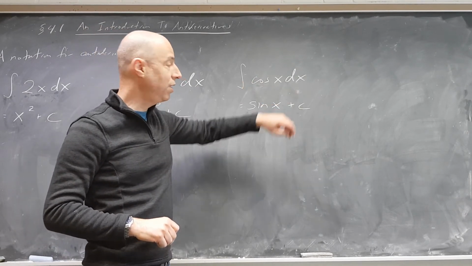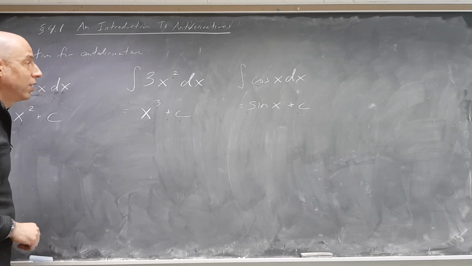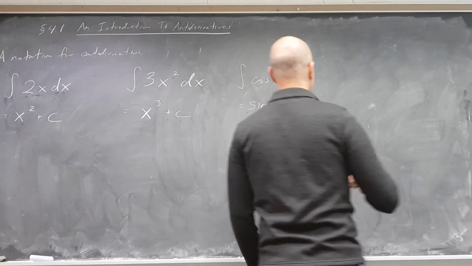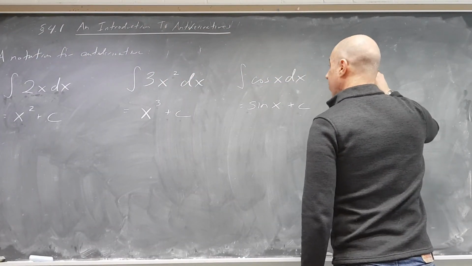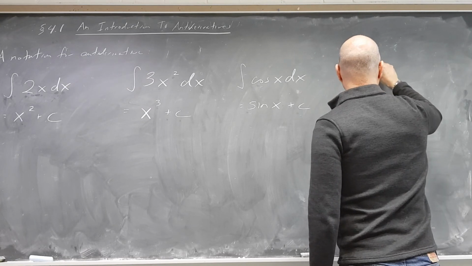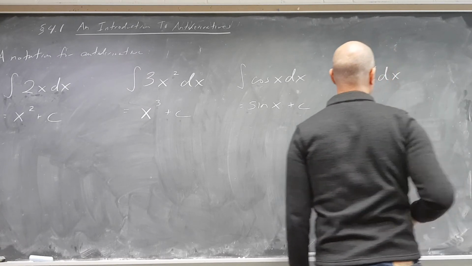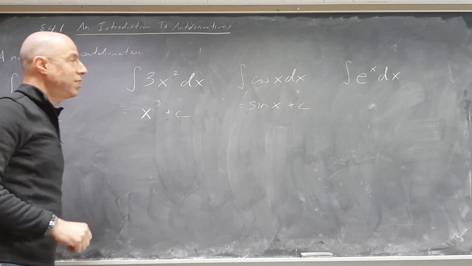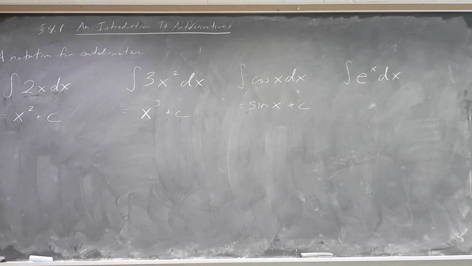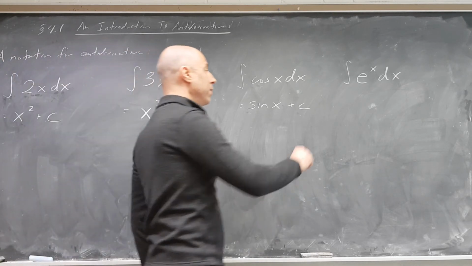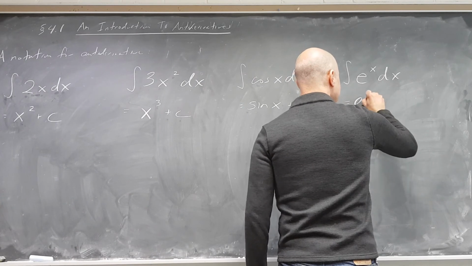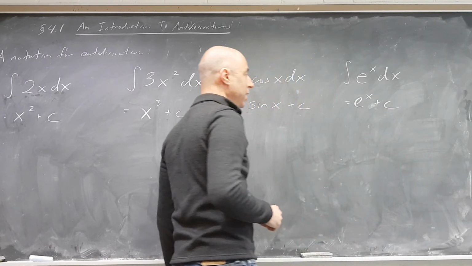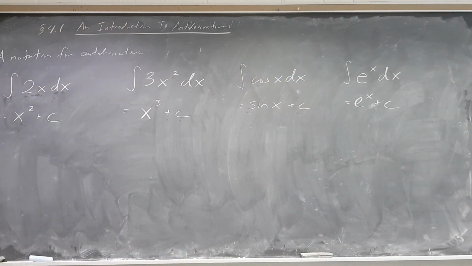If you take the derivative of c, of course, you get 0. Let's do another one. What does somebody take the derivative of to get e to the x? Again, pause the video. Well, you take the derivative of e to the x plus possibly a constant. You're going to have to put in the plus c every time you're taking these antiderivatives.